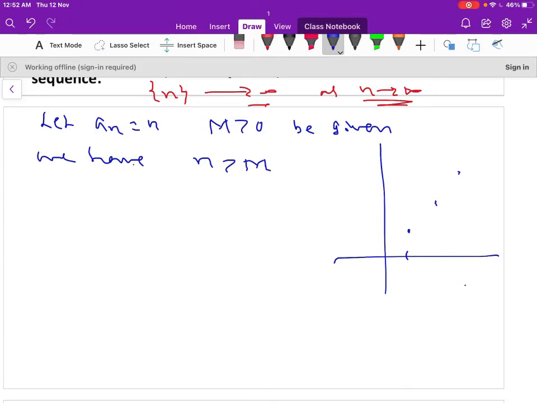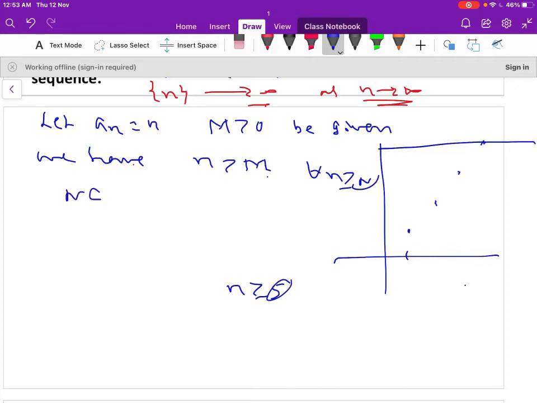If I take M is 4, then when n is greater than or equal to 5, n becomes greater than 4. Therefore, for all n greater than or equal to N, where capital N is 5, n is always greater than M. Therefore, it is not a bounded sequence, it diverges to infinity.